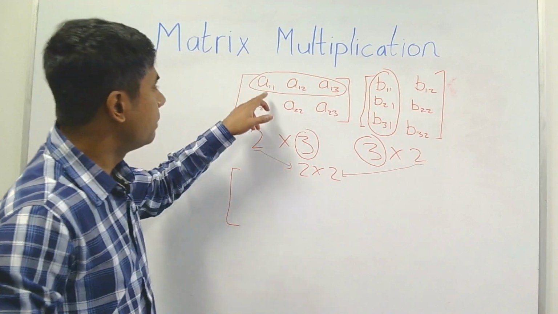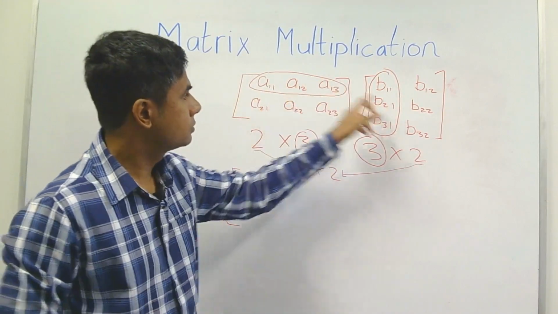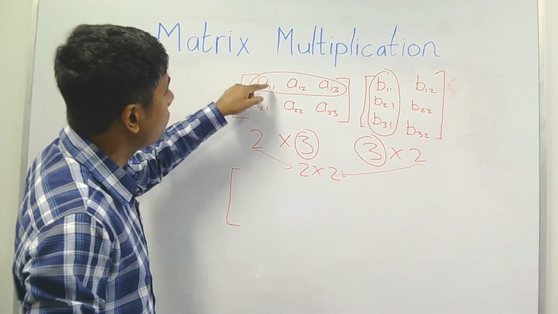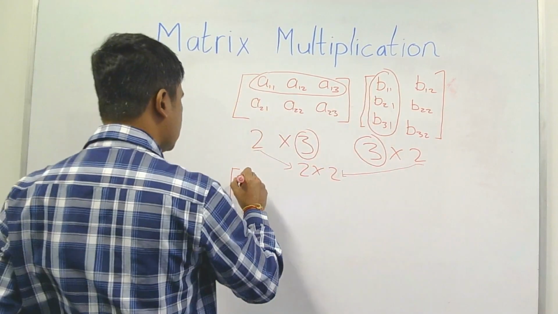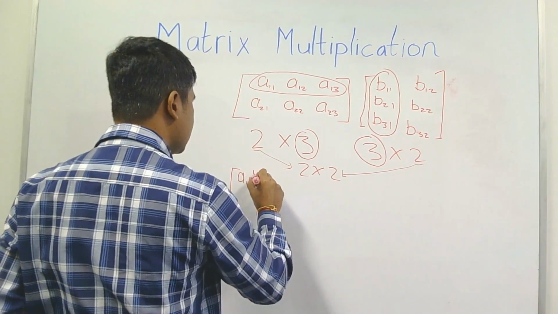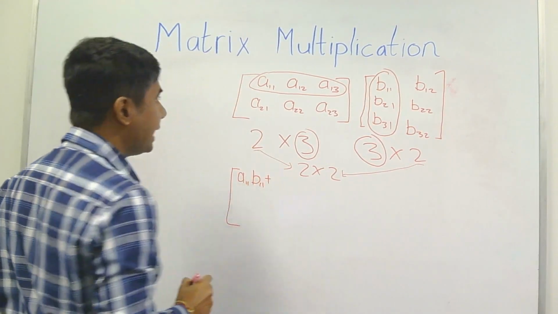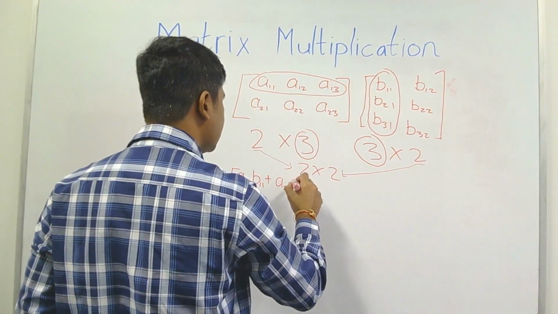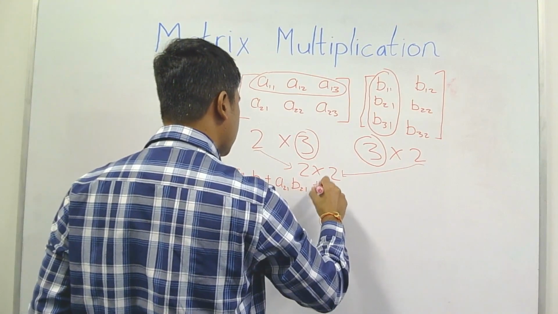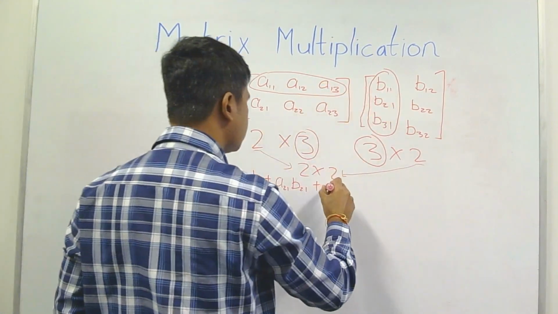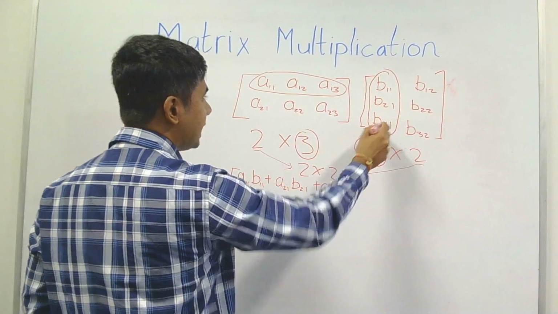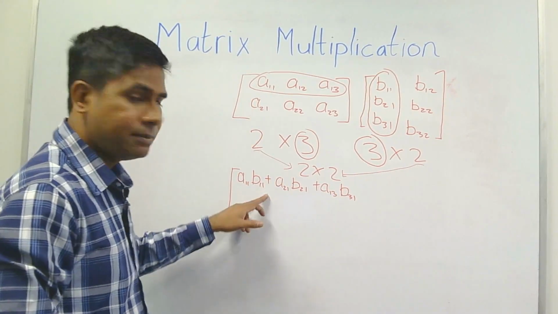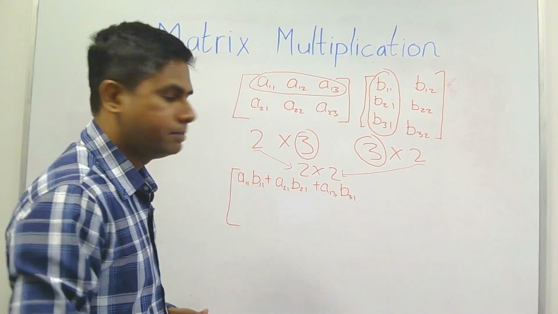We multiply each of these elements together and then add them up. So we take A11 times B11, and then add it to A12 times B21, and then add A13 times B31. So this is the first element of the resultant matrix.